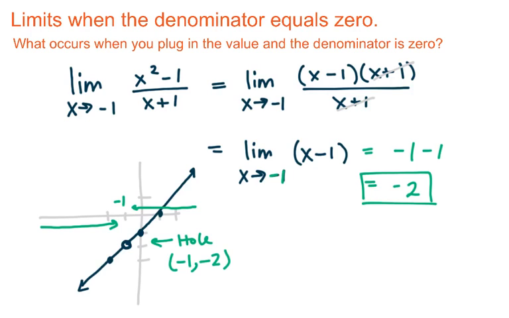So the main thing here, when we are dealing with a rational function and we plug in x equals whichever number we are approaching and we get 0 in the denominator, we try to figure out a way to manipulate the function so that that 0 goes away.